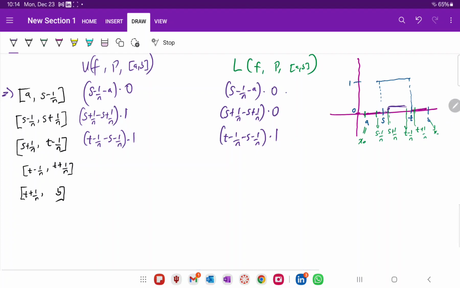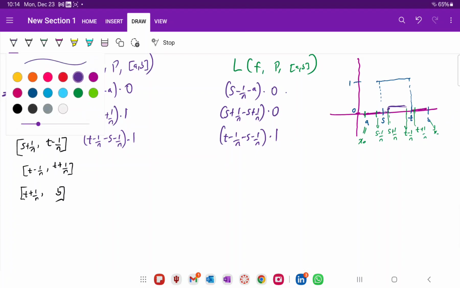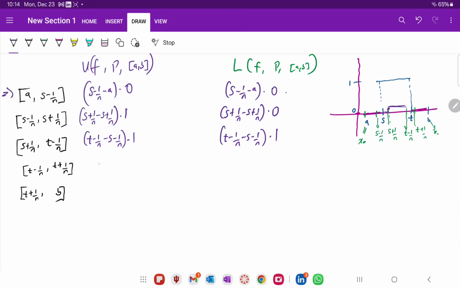Alright, third subinterval, we have length t plus 1 over n minus t plus 1 over n. At this point, see that our function is between 1 and 0.